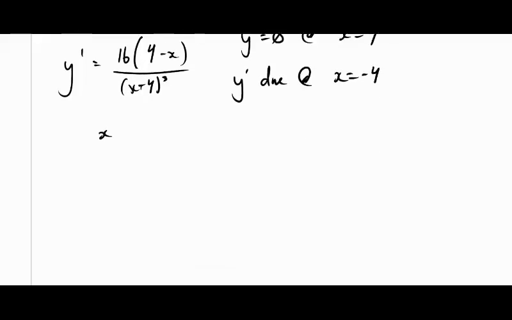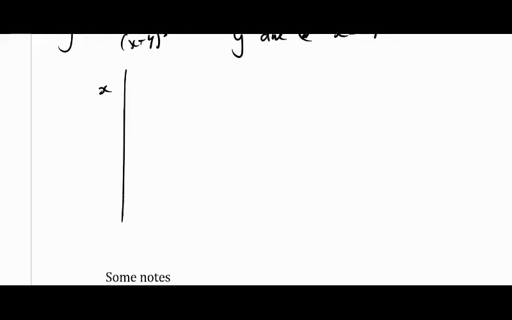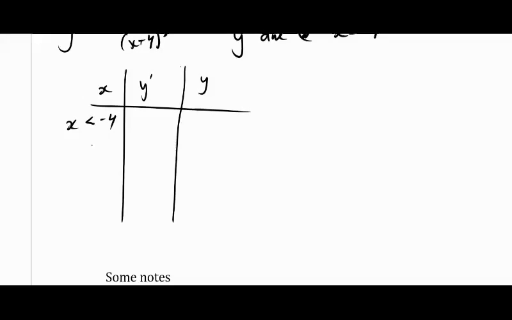X. I'll use y. Y prime and y. So when x is less than -4, and then at -4, and then between -4 and 4, and then at 4, and then when x is greater than 4.